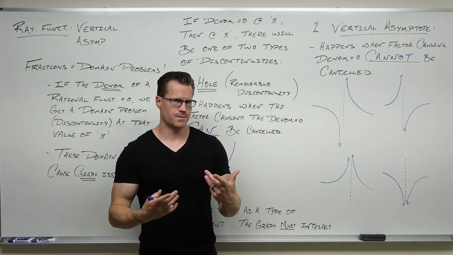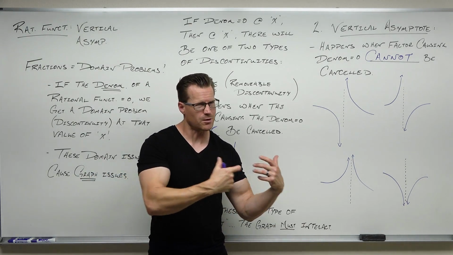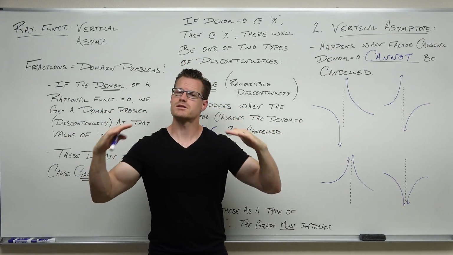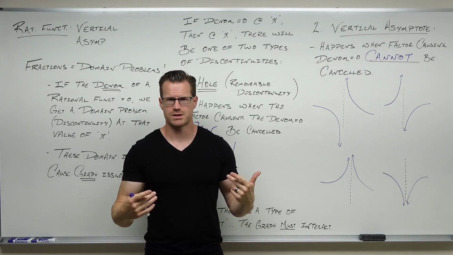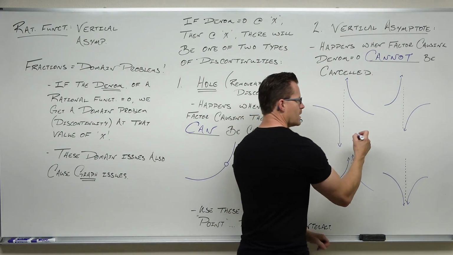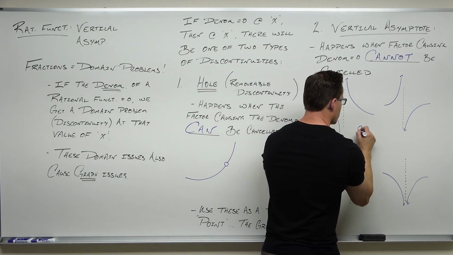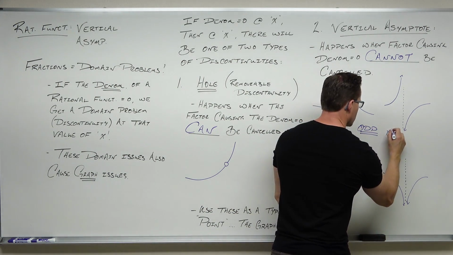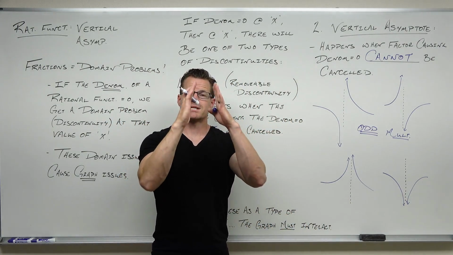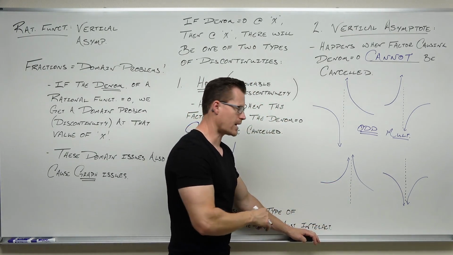For vertical asymptotes, the multiplicity of the factor that's causing your denominator to equal 0 is going to tell you whether you get opposite infinities or the same infinity. These 2 are going to happen when you have odd multiplicity for your denominator factors. When you have the same sort of symmetry, that comes from evenness, and this is going to come when you have even multiplicity for your denominator factors.